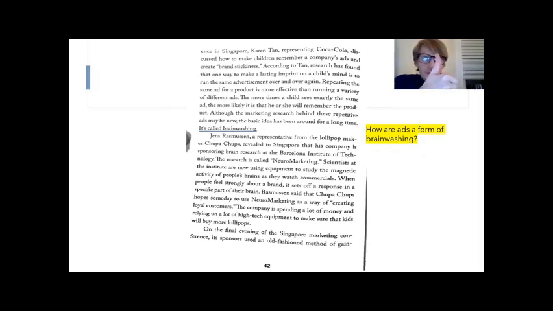Give me a thumbs up if you think yes, and a thumbs down if you think no. Or maybe in the middle if you're not sure or think it's a combination of both. So thumbs up or thumbs down. Let me see. All right, I'm seeing some thumbs up, some in the middle. So keep thinking about that as we keep reading.